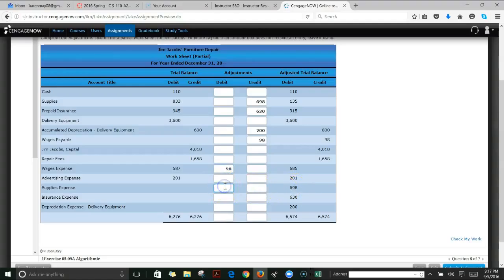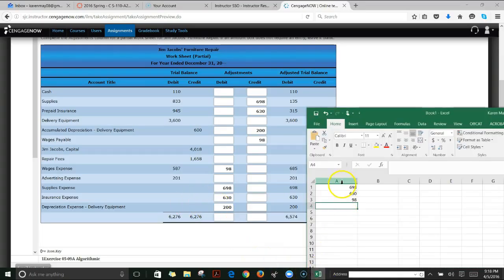Supplies expense was 698 debit. The next expense was 630 debit for insurance and a depreciation expense of 200.